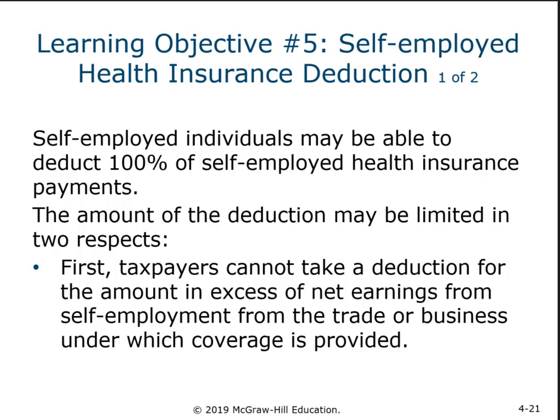Okay, they get to deduct what they pay for that insurance, but it can't be more than what they make on that business. So in a year that, for instance, your business doesn't do well, then perhaps your income is low, you may actually pay more for insurance than you made in the business, and you could only deduct as much as you made in the business.